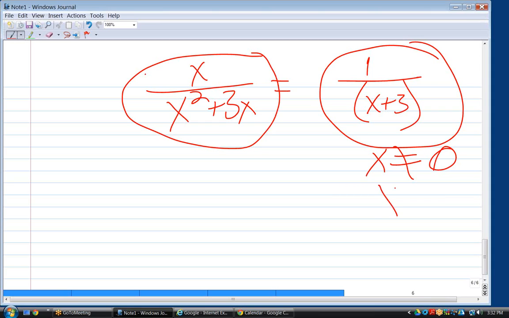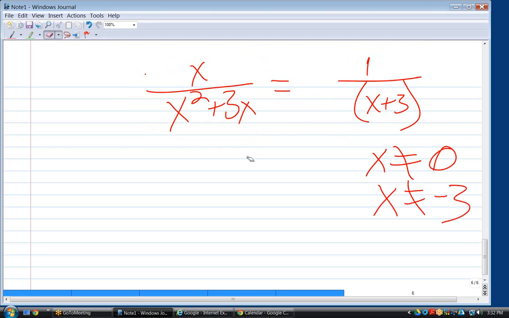It also can't be equal to minus 3. But merely because I factor an x out and cancel it does not take away the domain restriction. In other words, if I were to graph that, technically I need to put a hole there at x equals 0.